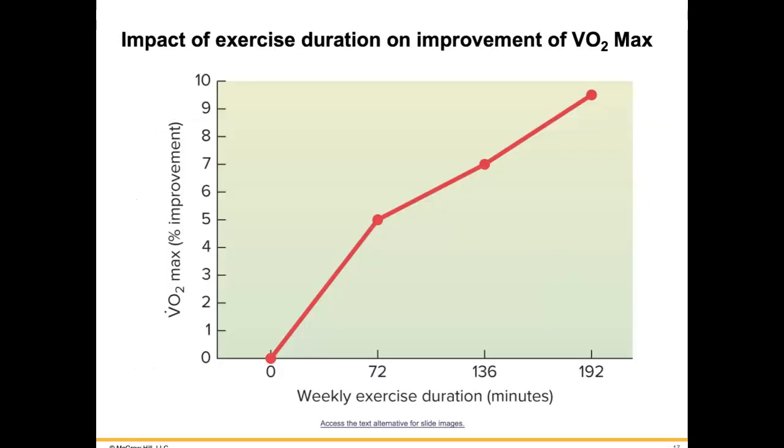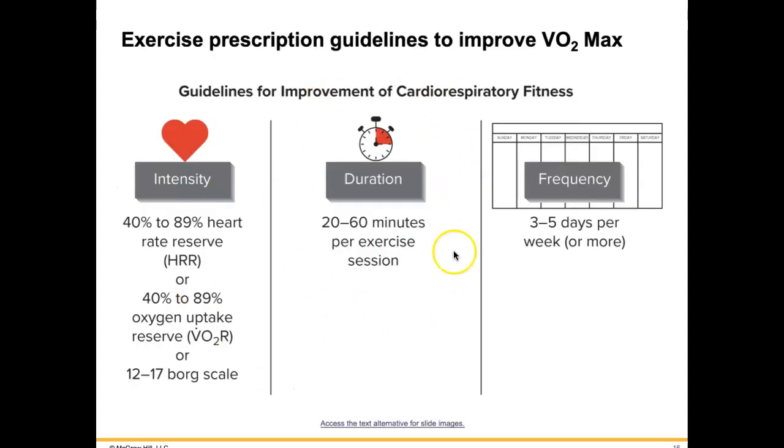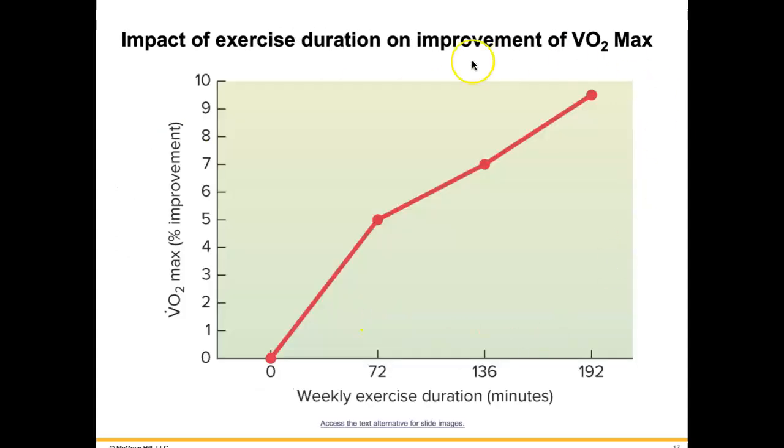Continuing our discussion on the duration piece that we were just talking about, so the 20 to 60 minutes, there was a study that was done to look at this in order to see how we can improve our VO2 max. This study had 4 experimental groups. There was one group, which was our control group, that did absolutely no exercise, and the 3 other groups performed about 50% of their VO2 max, so we could say moderate intensity, at different durations.